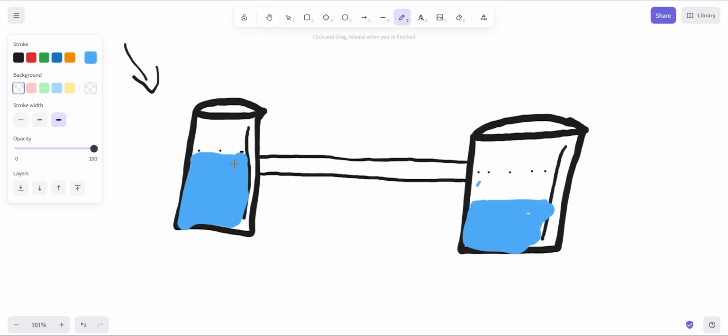Now that there is a difference, the water from the cup number 1 will flow through these two to this cup over here.